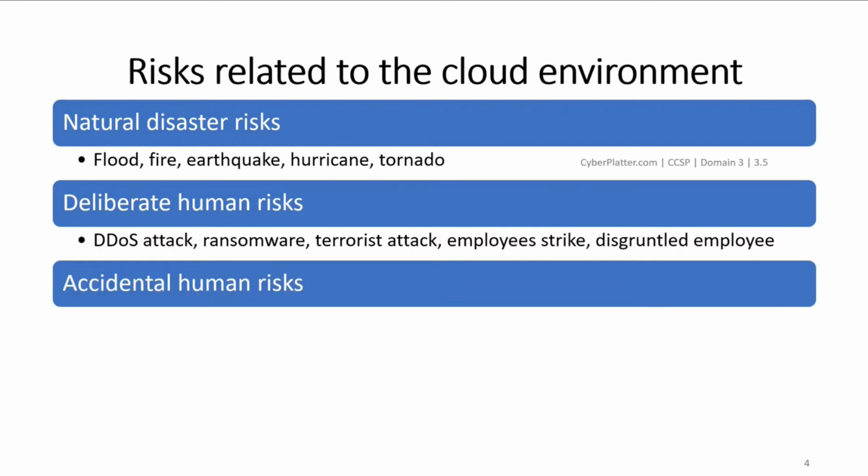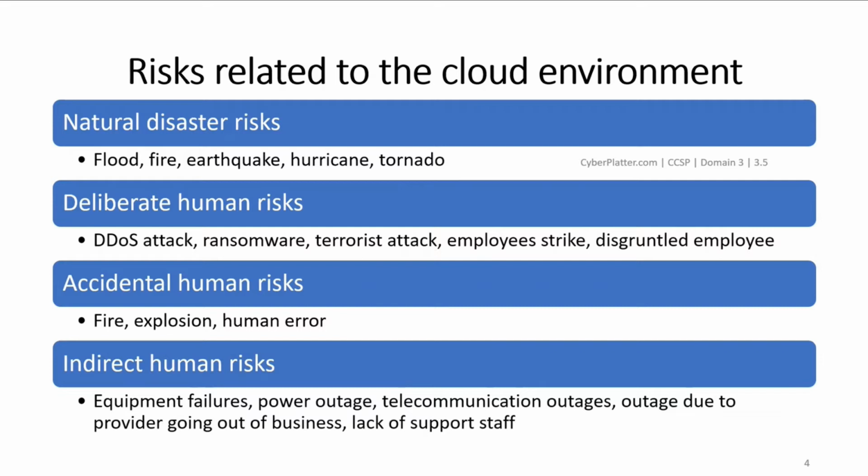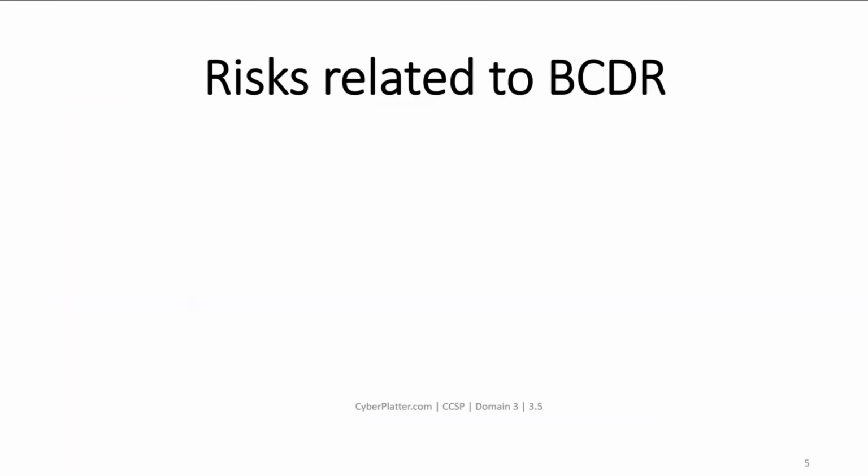Insider risk. Accidental human risk: it can be fire, explosion, human error, like by chance deleting a file or a database. Indirect human risks: equipment failures, power outage, telecommunication outages, outages due to provider going out of business, lack of support staff, etc. Now let's see the risk related to the business continuity disaster recovery strategy.